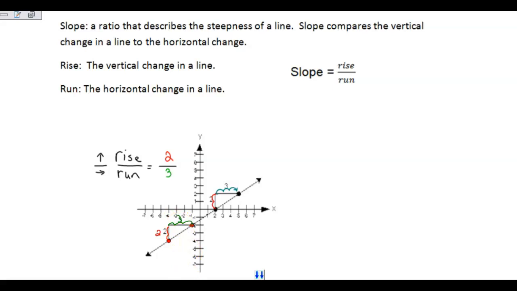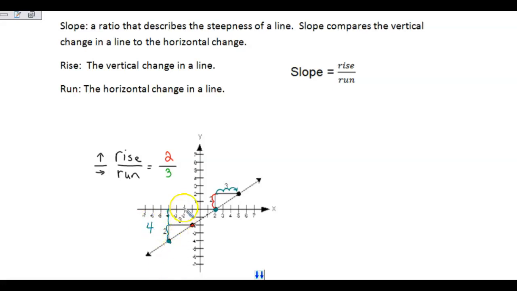Now, if I wanted to, I could pick 2 different points. I could pick this point and this point, and find my change in vertical and horizontal values. So I'm going to go up 1, 2, 3, 4.